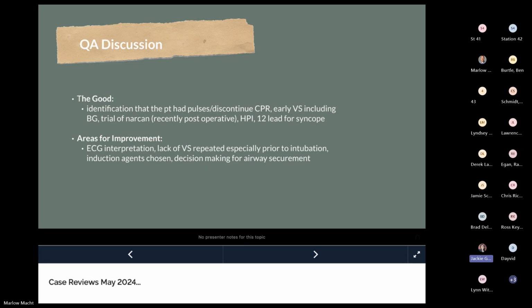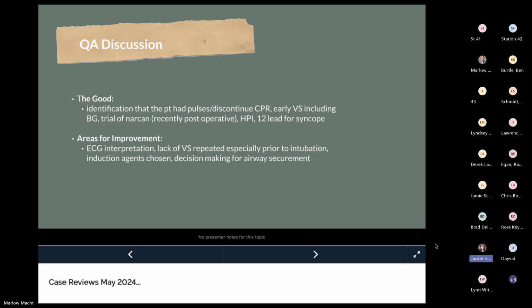So in reviewing this case, I thought that identification early on that she had a pulse, that CPR didn't need to be continued, but they could support her ventilations, considering potential opioid overdose, early vital signs including a blood glucose, history of what had previously preceded, and a 12 lead for a syncope were good.